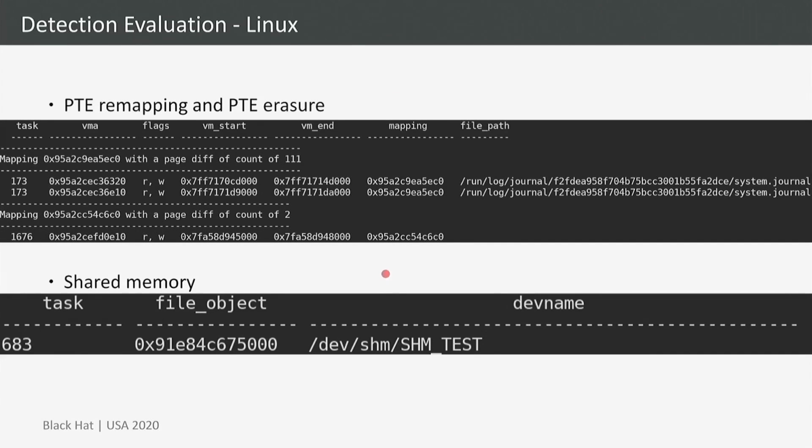But the second output is in fact a result of our PTE subversion attack. We have 2 pages which are not referenced by the virtual addresses, but are part of the page structures. So this is detected here. And the last output here is an example for shared memory on Linux. We have a shared memory handle which is currently not mapped in any process, or not in this process. So this is reported.